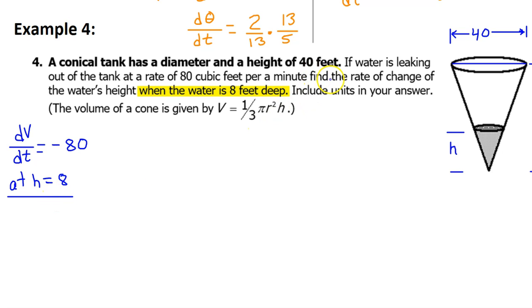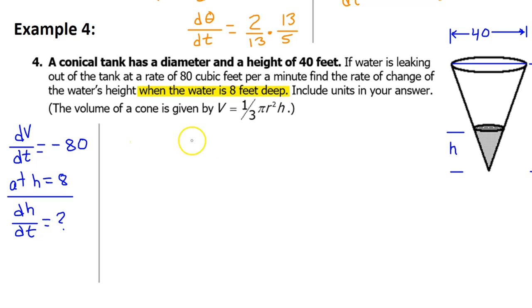Now, what are we being asked to find? The rate of change of the water's height. So we are being asked to find dh/dt. One more time, you must define the variables you are using in the problem. So you can either say it in words and say let h equal the height of the water in the tank, or you can label it in the picture and that counts.